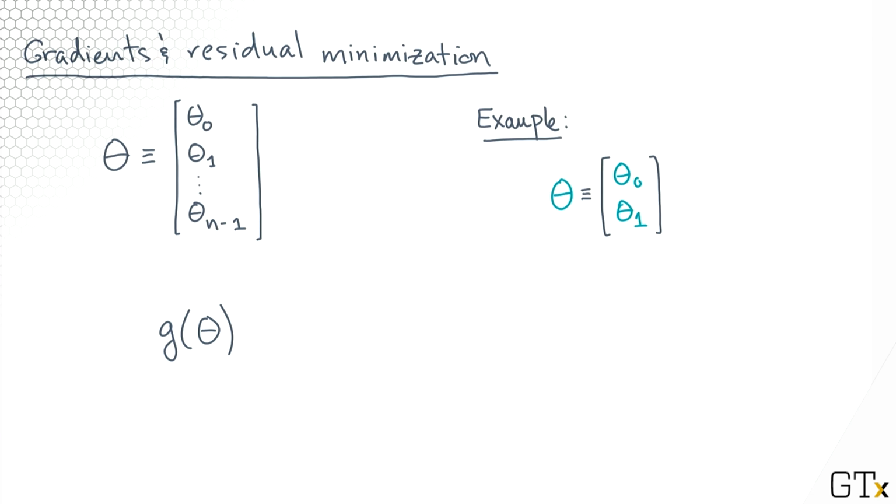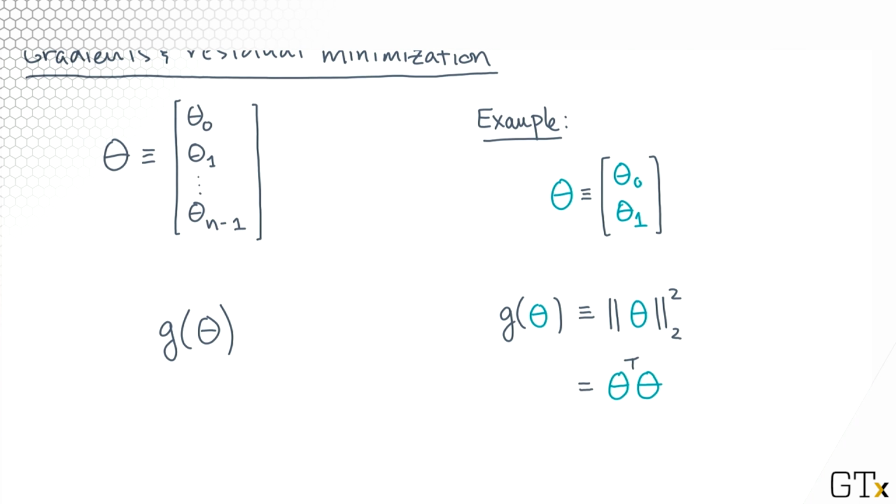For instance, let's say theta is a vector of length 2, and let's say g of theta is the 2 norm of theta squared. This right-hand side is just a single number, or scalar. Indeed, from the definition of the 2 norm, g is theta transpose times theta. In this case, that's theta 0 squared plus theta 1 squared.